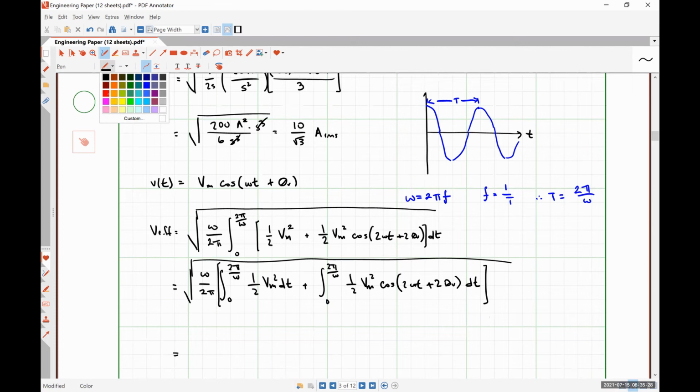Graphically, assuming our phase angle is 0, we are integrating this red curve, which is oscillating at twice the frequency because it has exactly half of the period, over exactly 2 periods of its waveform.